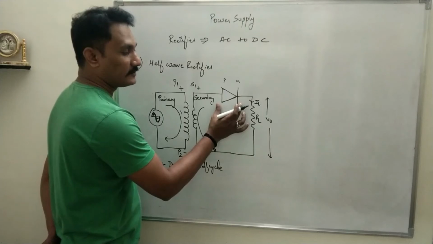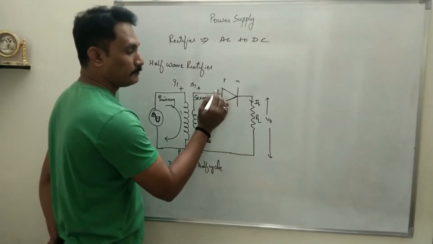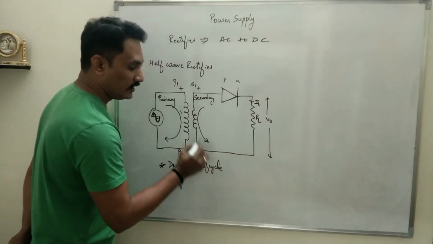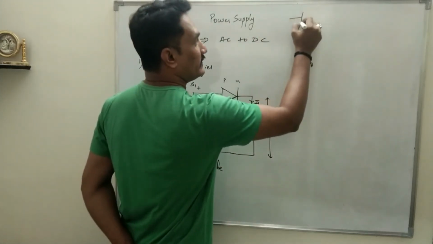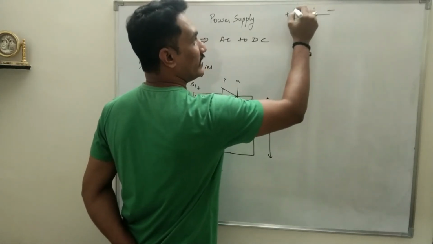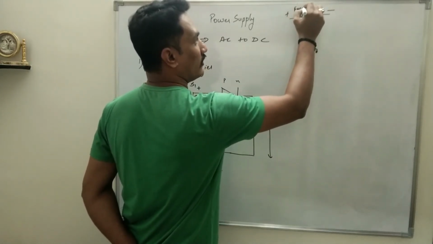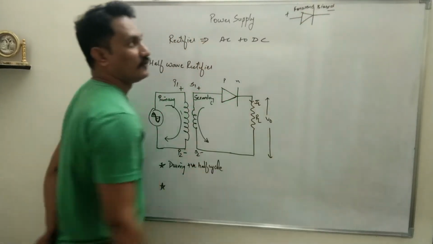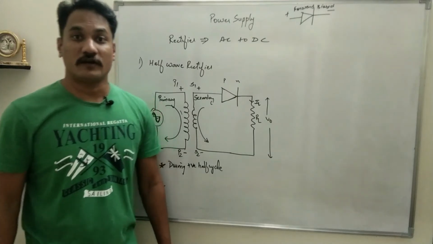Now just look at the PN junction diode. P is connected to positive and N is connected to negative. So when P is connected to positive and N is connected to negative, the diode is called forward biased. What happens in forward bias?